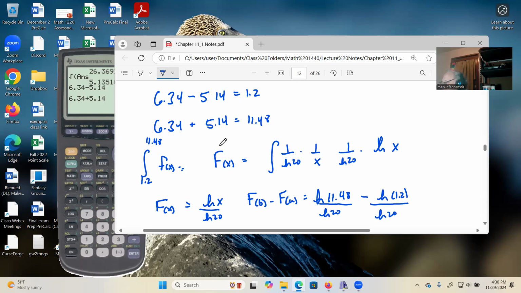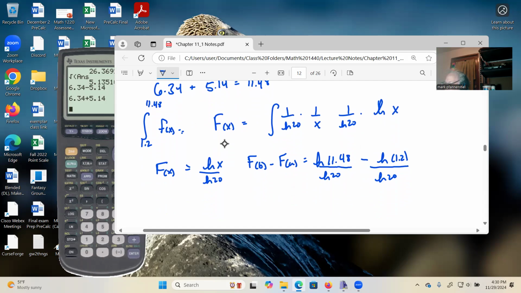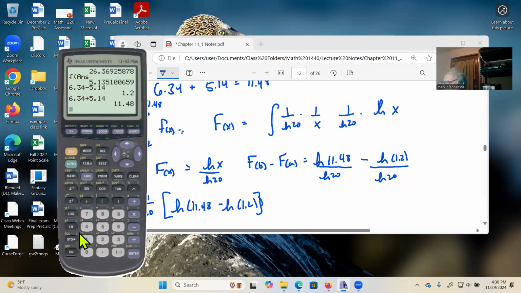And actually, I could even do one better. I could say, let's do 1 over natural log 20 and then the natural log of 11.48 minus the natural log of 1.2, and figure it out that way. That'd be a little bit easier on the buttons here.